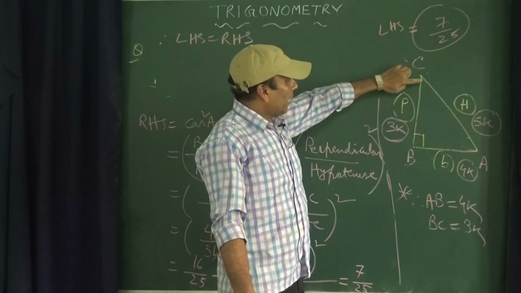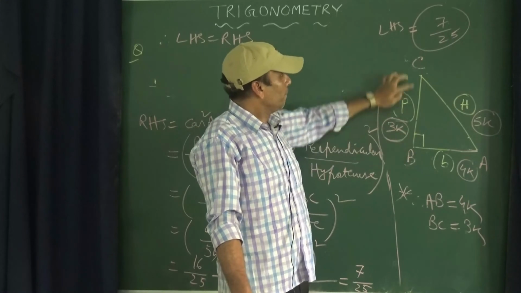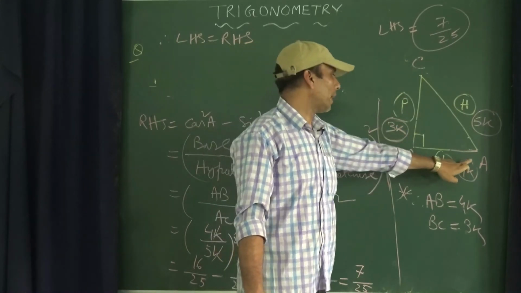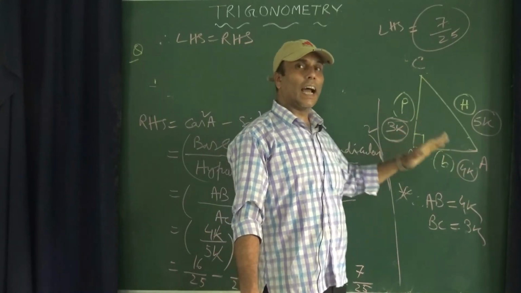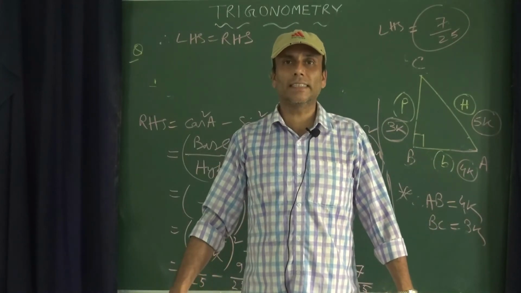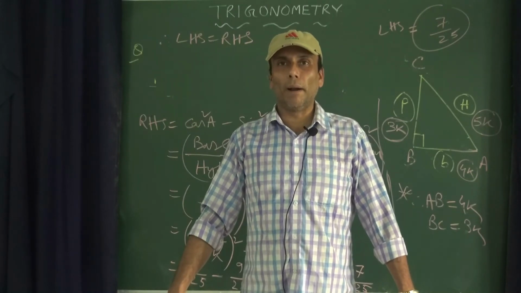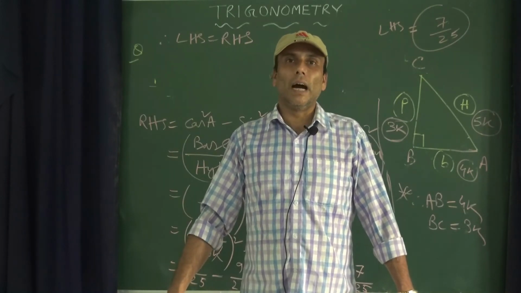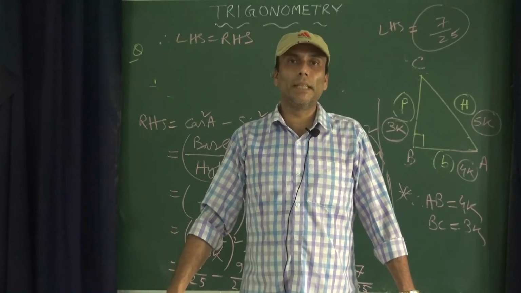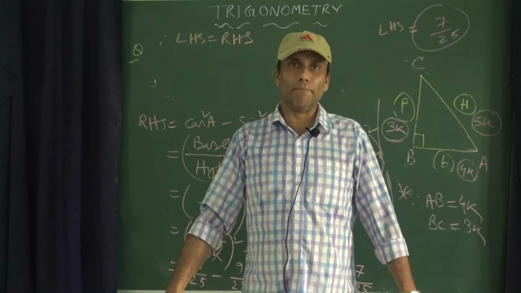If our angle A is written here, then for this question our base will be BC and perpendicular will become AB. So the side on which that particular angle is lying, you always consider as the base, and then automatically the other one will be our perpendicular. Hypotenuse will be unaffected. Whatever may be the base or perpendicular, hypotenuse will remain the same.